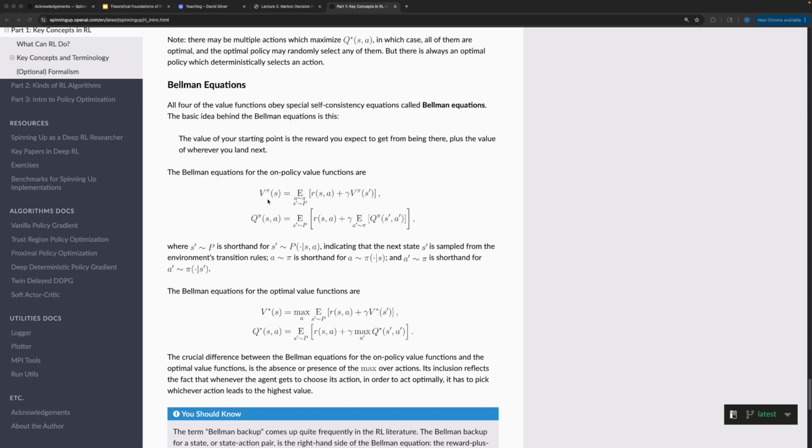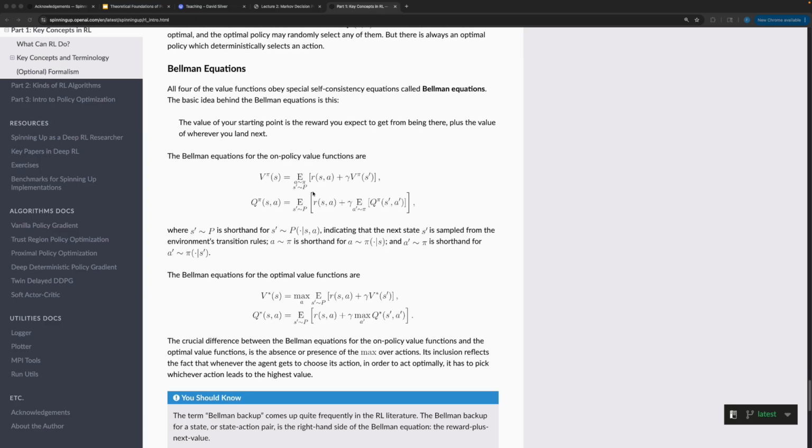So, for example, v pi s is the expected return from state s when following a policy pi, and can be seen as the expectation of the immediate return plus gamma times the value function of the next state, where the action is sampled from your policy pi, and the next state is sampled from your transition matrix, which gives you the probability of transitioning from s to s prime given action a.